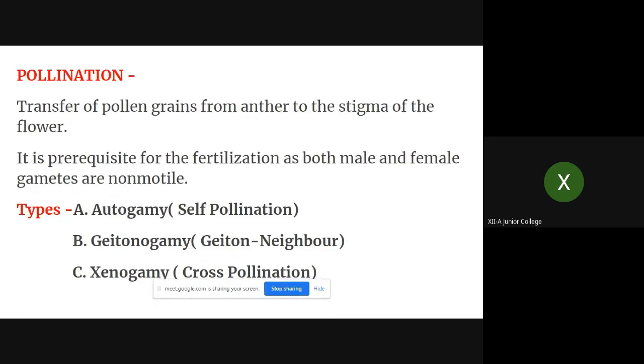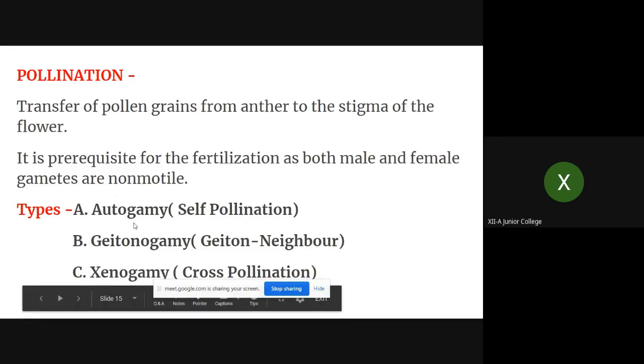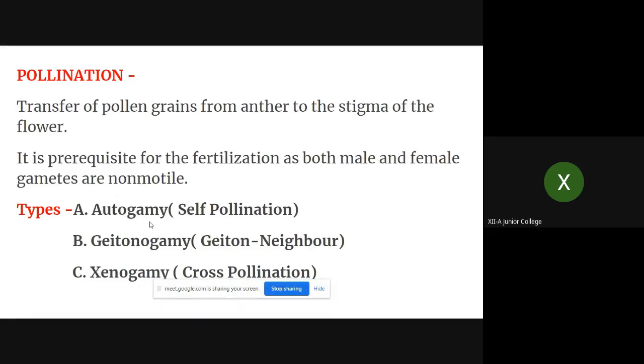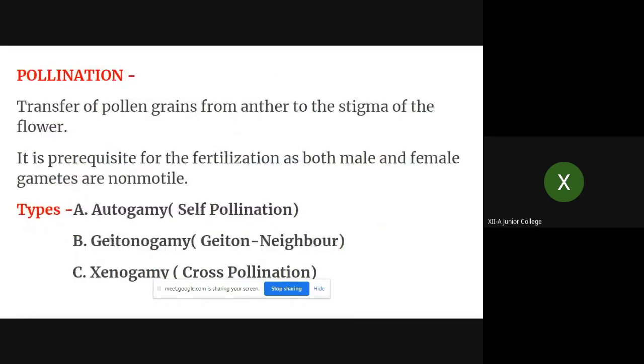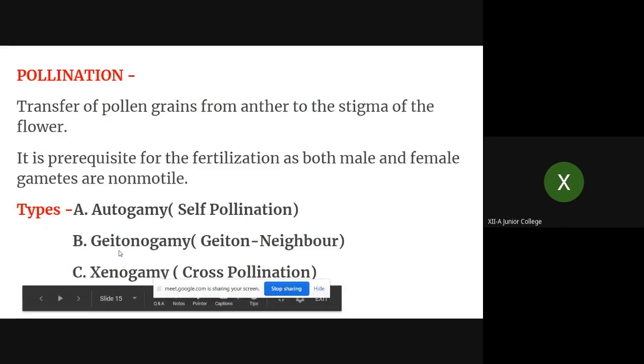It is also considered to be a part of autogamy. Previously it was considered to be under self-pollination only. Autogamy is self, within the same flower, and geitonogamy is from the neighboring flower, but of the same plant.